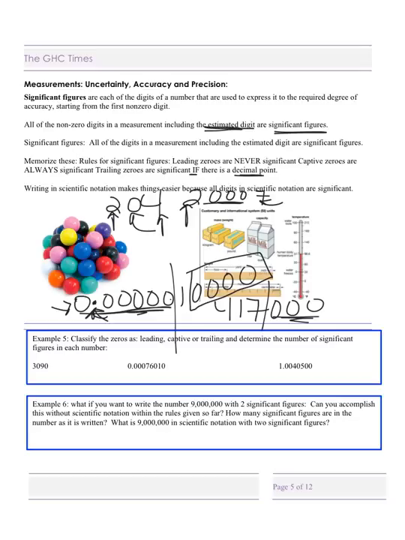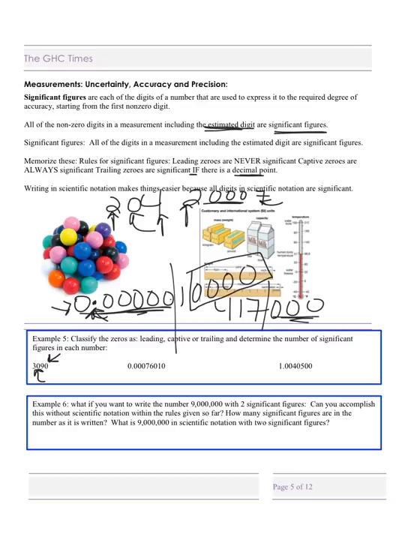So 3090, what kind of a zero is the first zero? Well, it's between the 3 and the 9, which makes it a captive or sandwich zero. And this zero here, the second zero, is at the end of the number, so we would call that a trailing zero. So we have a captive and a trailing zero.